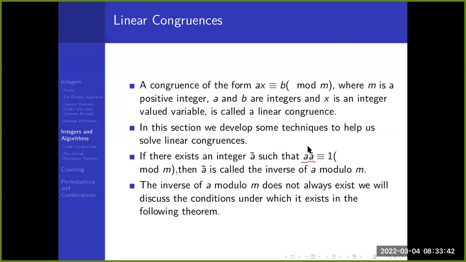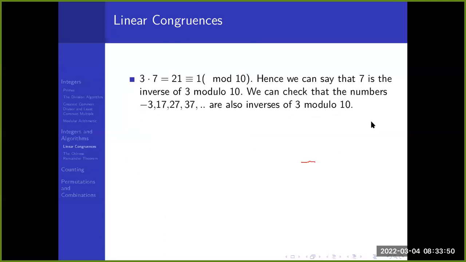If I'm given an element A and I want to find its inverse modulo M, how do I know that it exists or doesn't exist? Inverse of three modulo 10.